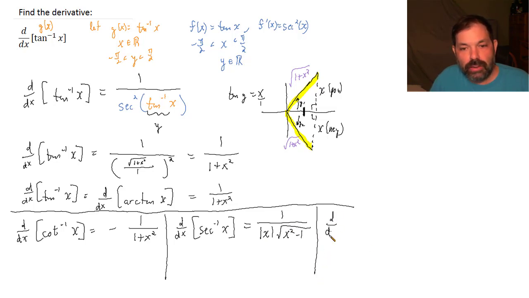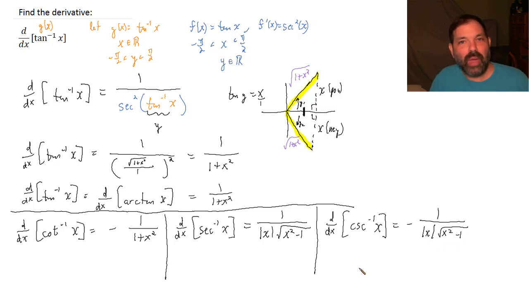And d by dx of the cosecant inverse function is negative 1 over absolute x square root x squared minus 1. So I hope you saw that there were some patterns there.